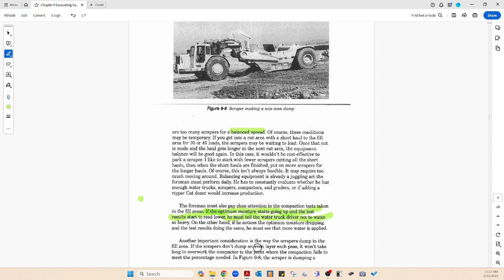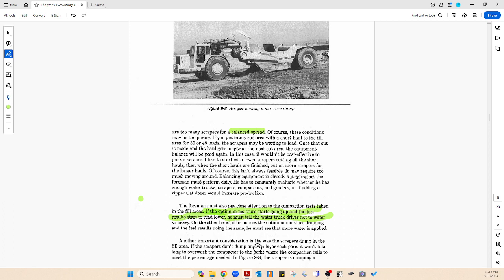When you're the compactor operator, as I think we talked about in my other video, you're constantly paying attention to how wet your dirt is. If you have to, you want to get off it and feel it, but every once in a while, you have to bring out an instrument that measures the moisture content, a nuclear density meter.